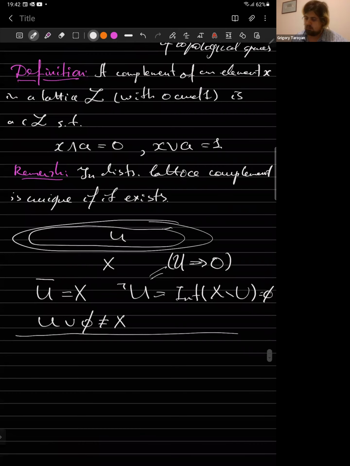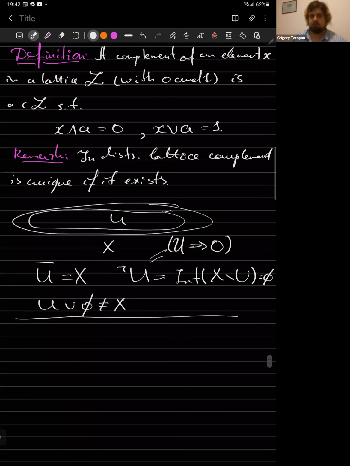So if a complement existed, it would be given by such a formula, but in this case the complement does not exist, and this element does not satisfy, for example, this equation.